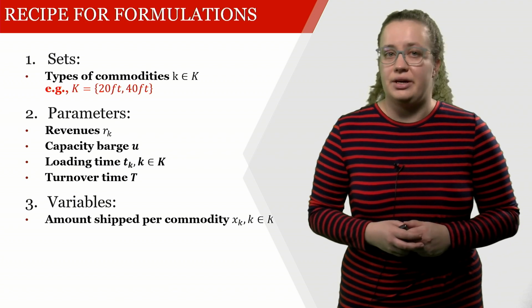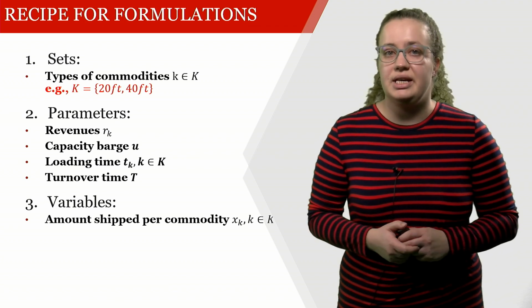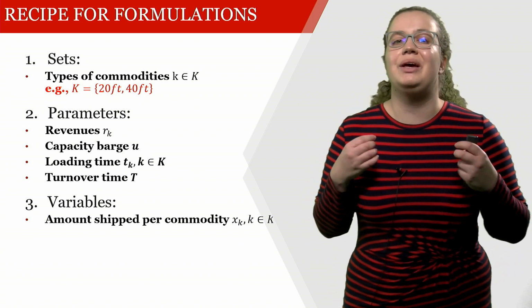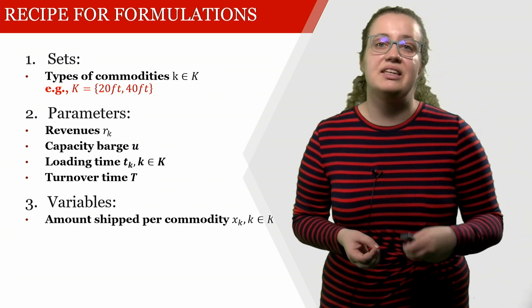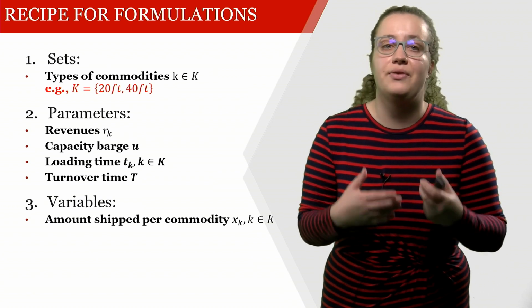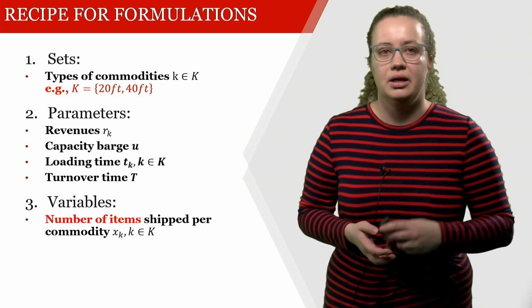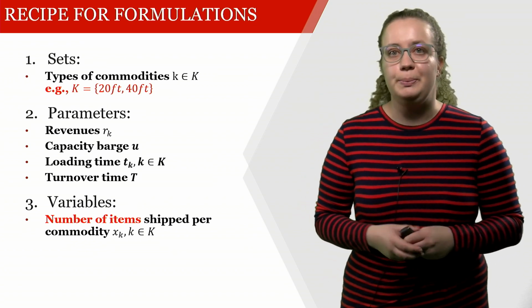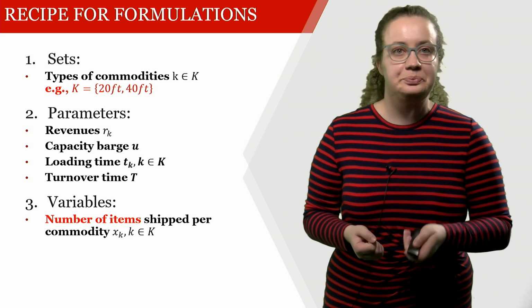Lastly, we have variables, the amount shipped per commodity, x_k, for all k in K, but this is now no longer the amount shipped per commodity, but it's the number of containers or the number of items of commodity k. So we slightly vary the definition of our variable, but other than that, it stays the same.